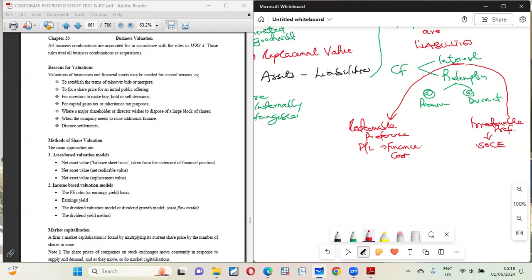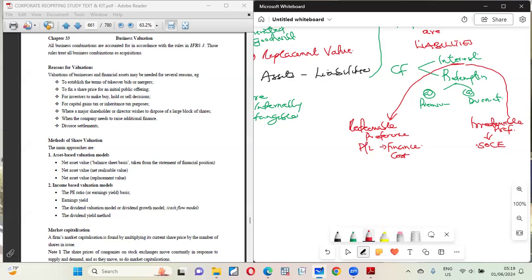Now, the last thing I want to say about the asset-based method, and it is generalized for all the methods, is that when you finish calculating, the answer you get may be the total value of the company, or it will be the value of the company per share. If you do the net asset method, because you are taking all the assets together and less your liabilities, your answer is the net equity, and that is the actual value of the company.